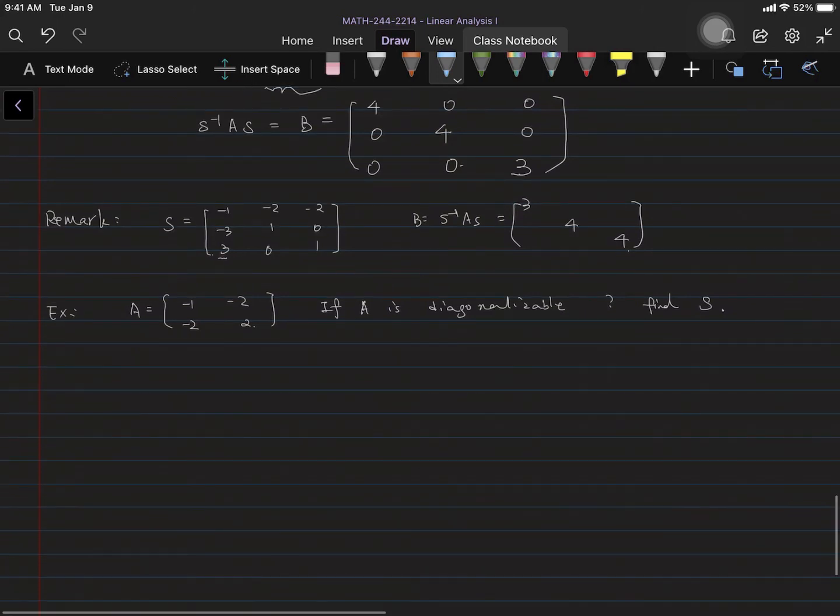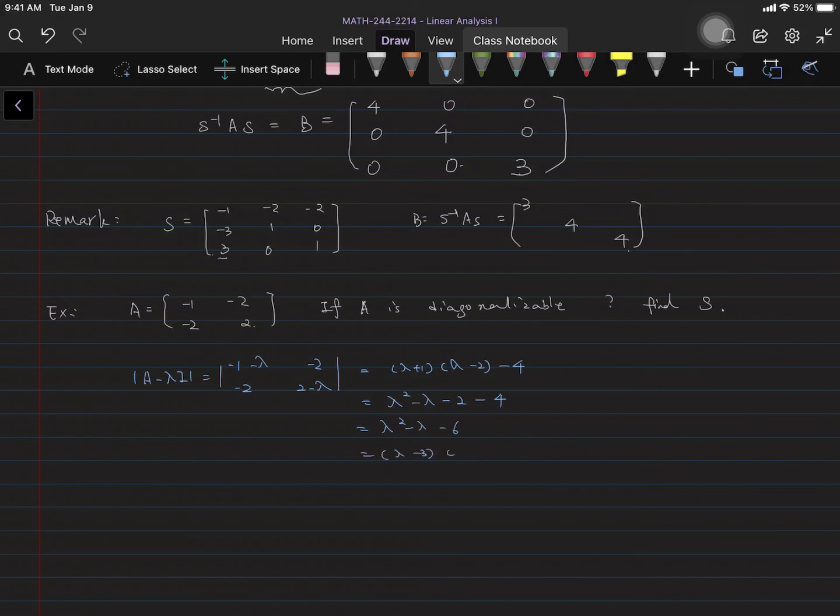Here's the solution. First step, I want to find the eigenvalues. Simplify. So the eigenvalues are 3 and -2.